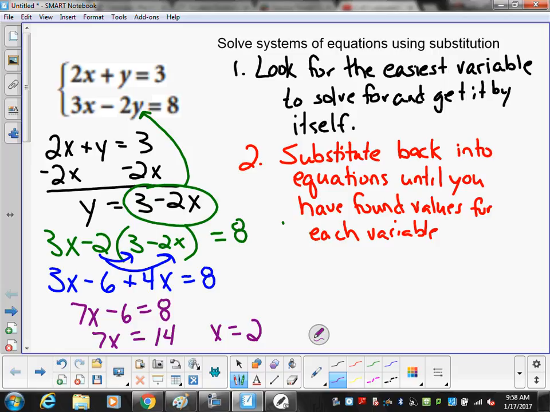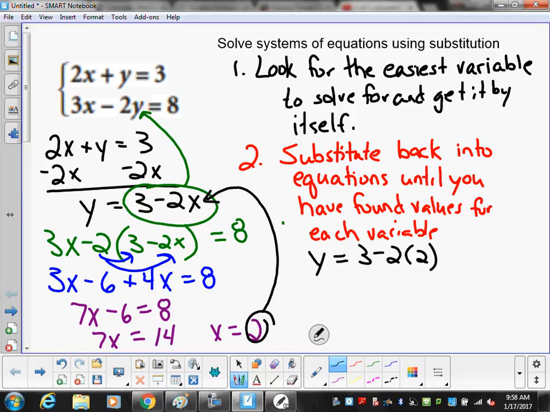And now that we know what value x is, since we already solved for y, that equals 3 minus 2x. We're going to plug 2 in for x there. So I'm going to take that 2 and plug it in for the x in that equation. So y equals 3 minus 2 times 2. And 3 minus 2 times 2 is negative 1.